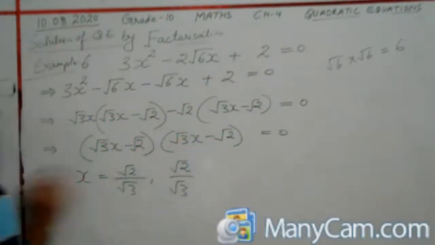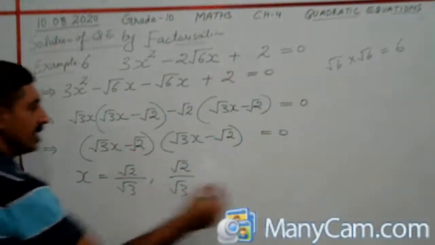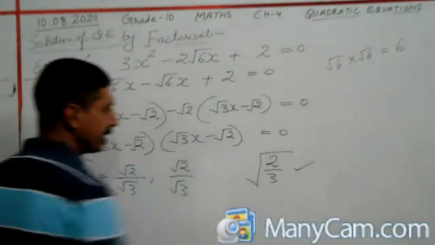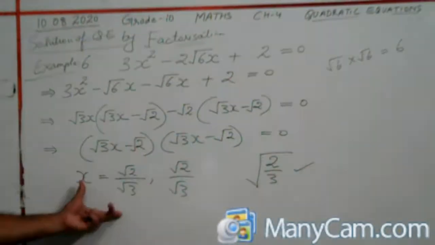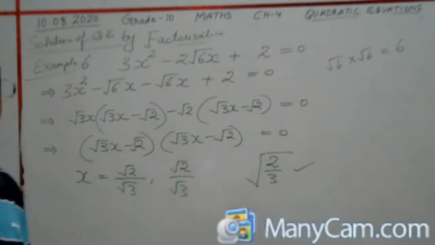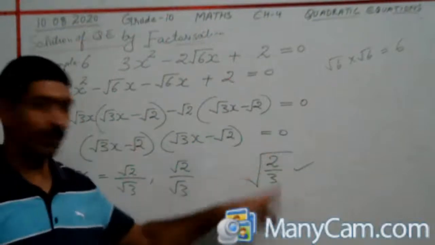Or we can write both as under root 2 by 3, right? So here the roots of this quadratic equation are under root 2 by 3.